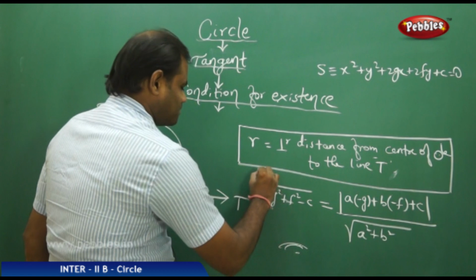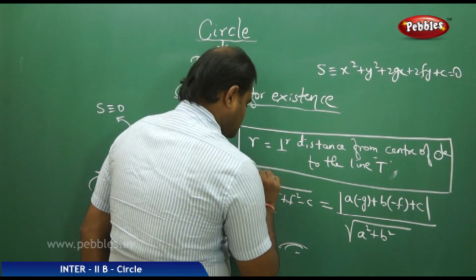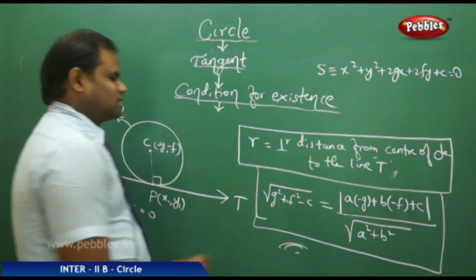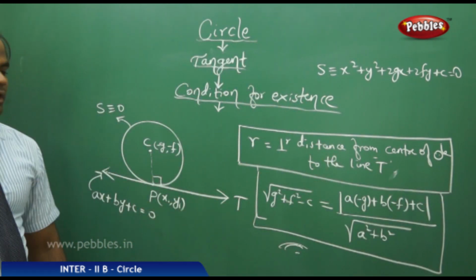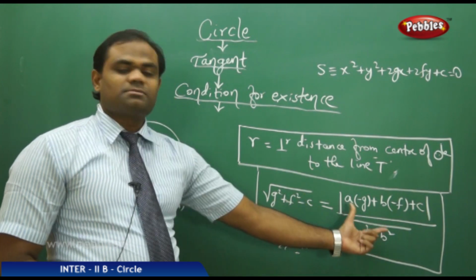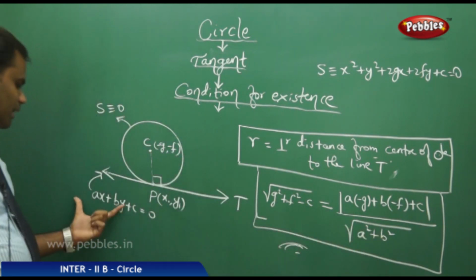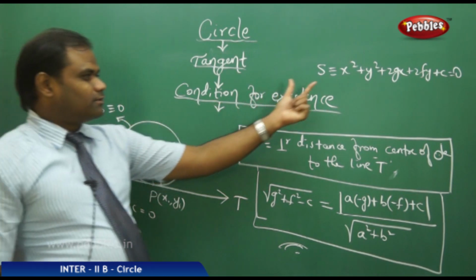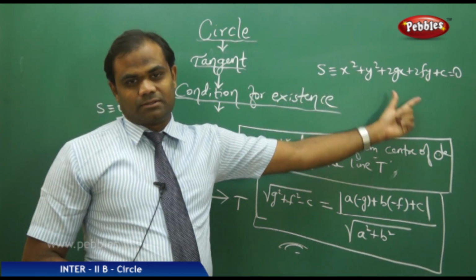This is how I understand the property of this connected with this. So the condition for existence of a tangent to the line is that this must be equal to this, where this is the line and this is the center of the circle for the general equation of circle being this.